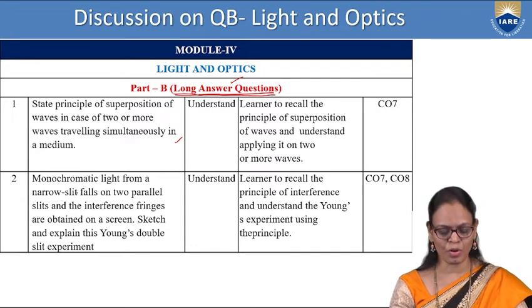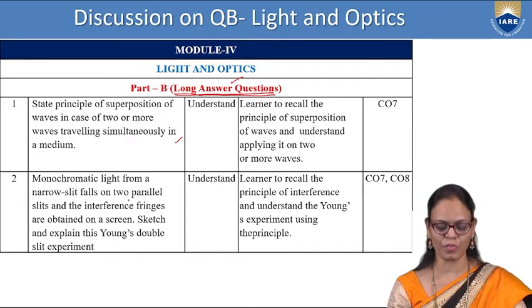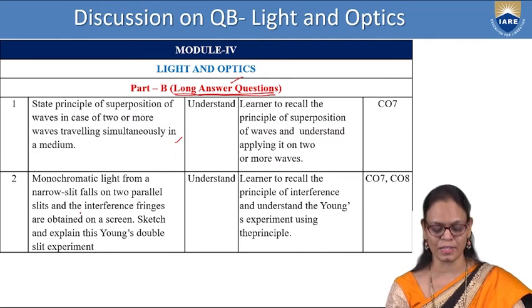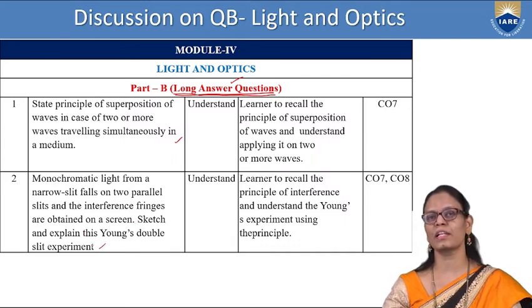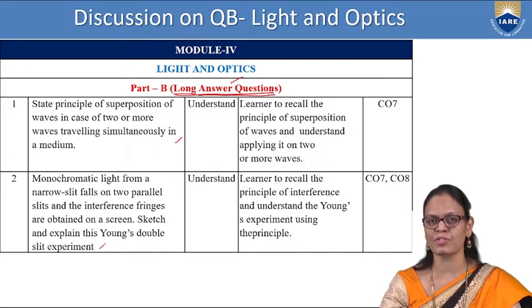Next question: monochromatic light from a narrow slit falls on two parallel slits and interference fringes are formed on the screen. Sketch and explain Young's double slit experiment. First you will have to draw the diagram. We have already discussed this in short answer questions. We have a source.